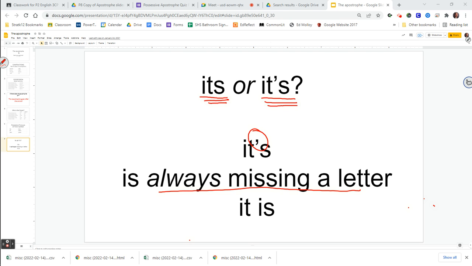Anytime you see it's, it really stands for it is. It's always equals it is. It's missing a letter. It's with an apostrophe is never possessive. Just remember that. It's with an apostrophe is always missing a letter.